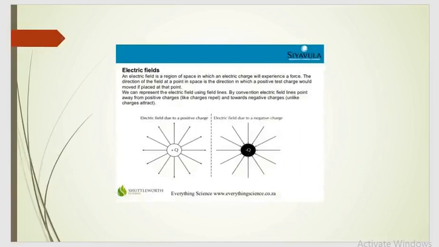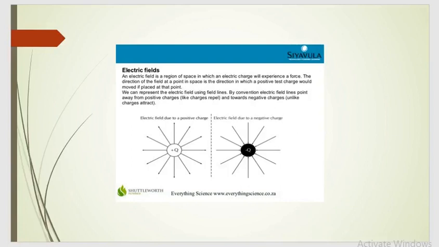What is an electric field? An electric field is a region of space in which an electric charge will experience a force. The direction of the field at a point in space is the direction in which a positive test charge would move if placed at that point.